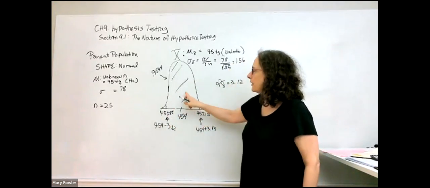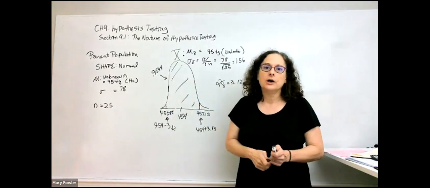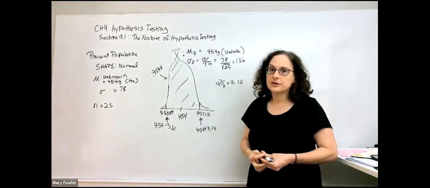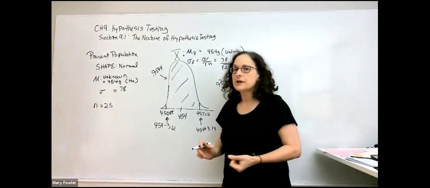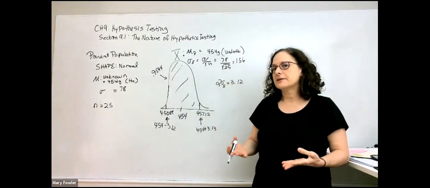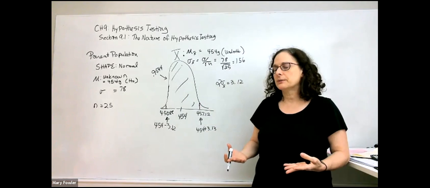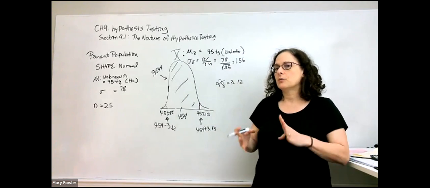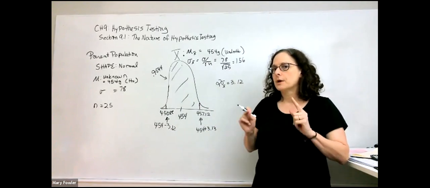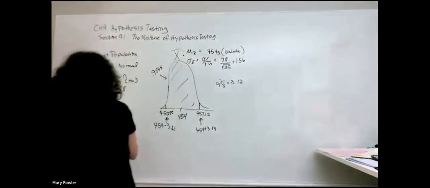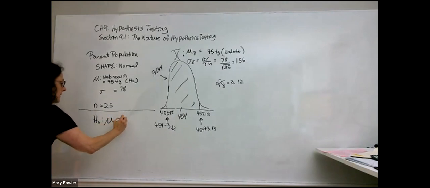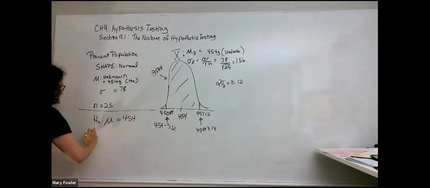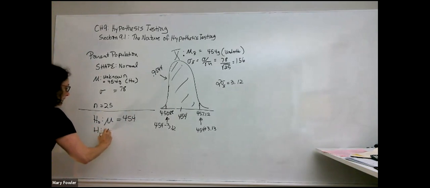Okay, so my criteria for rejecting the null hypothesis and concluding the alternative is going to be that if my X bar is outside of that 2 sigma interval, then I'm going to want to recalibrate. Let's go ahead and just clarify the null hypothesis here on the board. I know we had it on the notes, but I just want to put this here.